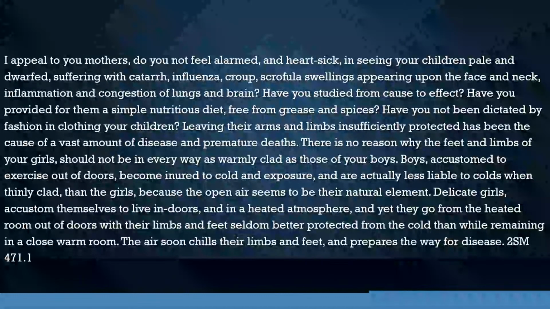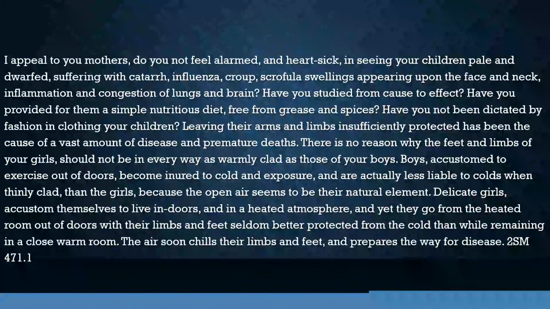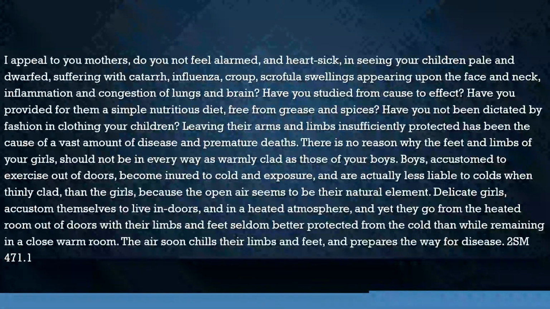I appeal to you, mothers. Do not feel alarmed and heartsick in seeing your children pale and dwarfed, suffering with catarrh, influenza, croup, scrofulous swellings appearing upon the face and neck, inflammation and congestion of lungs and brain.